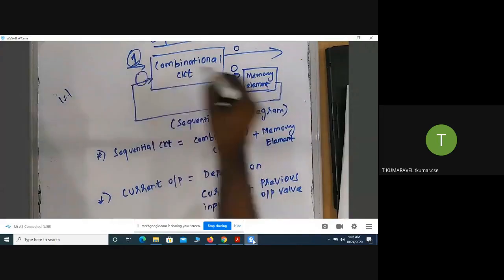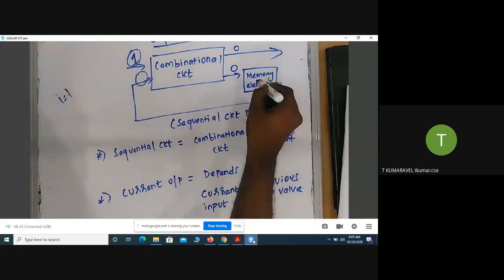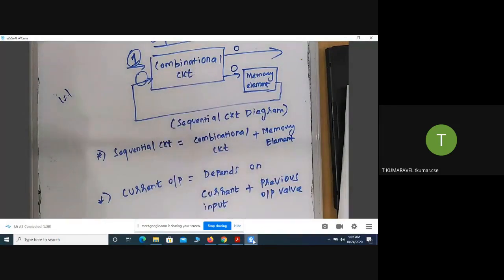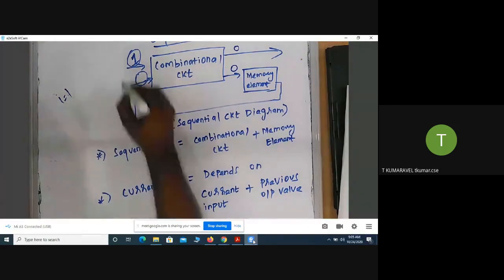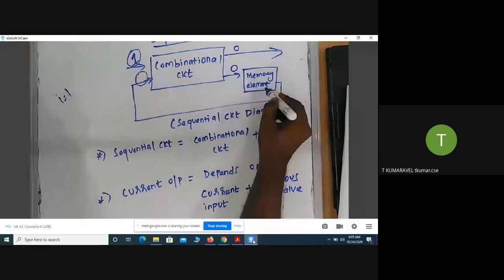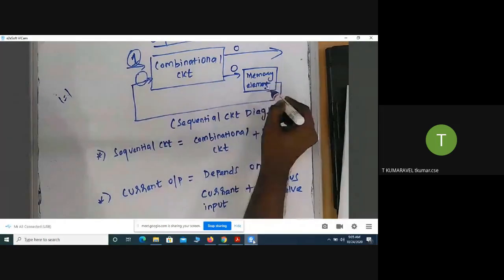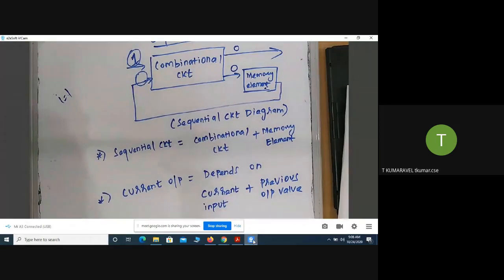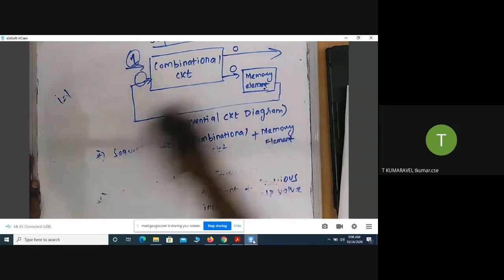The previous value is stored in the memory element, and this is the input for the next stage. So what I'm trying to say is that whenever it produces a current output, it depends on the current input as well as the previous output. The previous output we stored in the memory element. That's why people say that whenever the sequential circuit generates the current output, it depends on the current input as well as the previous output.